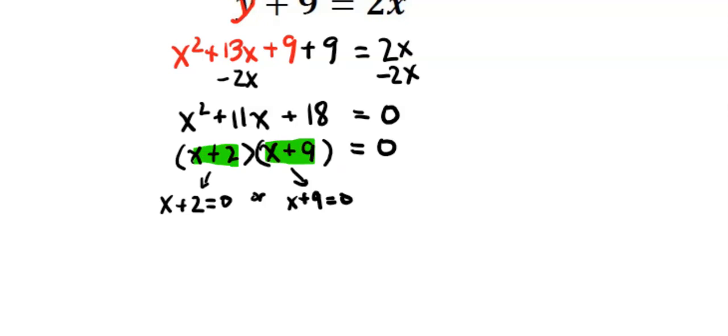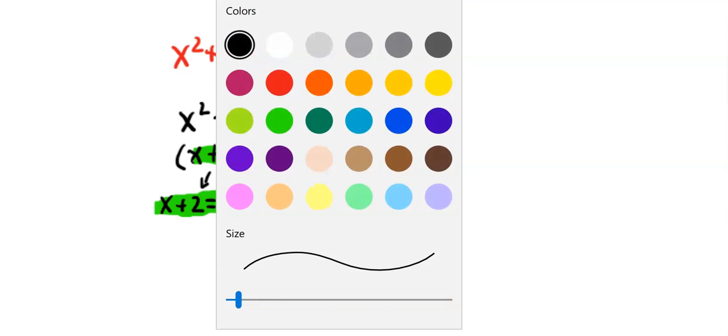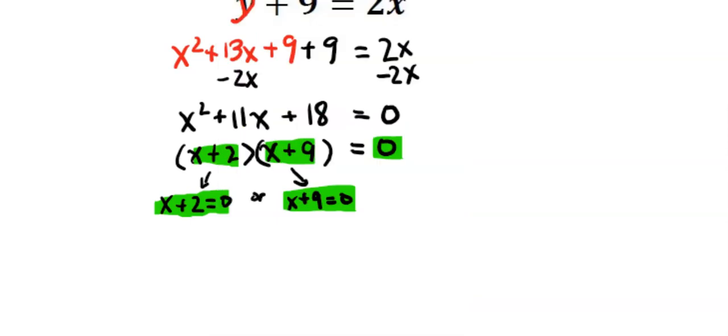If you're multiplying these two numbers and their product is 0, the only way that can be possible is if one of the numbers is 0 or if the other is equal to 0. So subtracting 2 from both sides down here, we get x equals negative 2. And subtracting 9 from both sides, we get x equals negative 9.